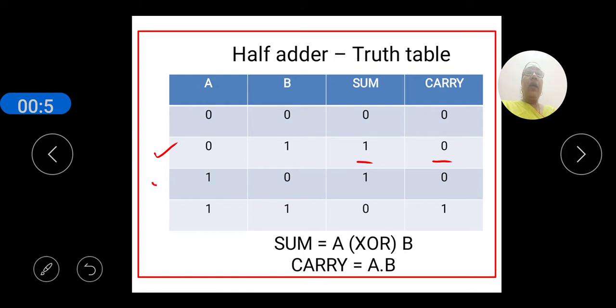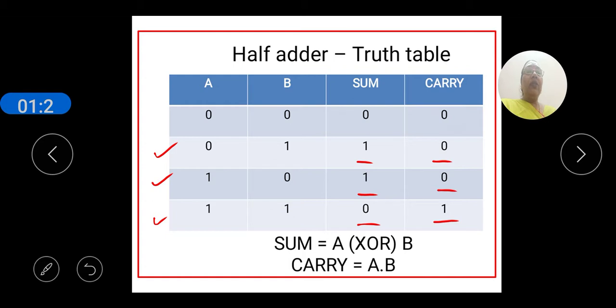When A is 1 and B is 0, the sum is 1 plus 0, which is equal to 1, and the carry is 0. When A is 1 and B is 1, the sum is 1 plus 1, which is equal to 0, with the carry 1. So here we get the truth table for half adder with the two outputs sum and carry.